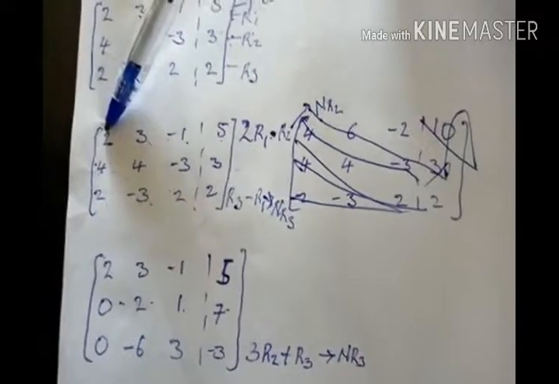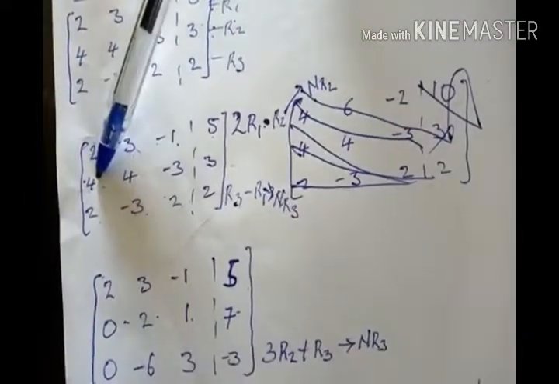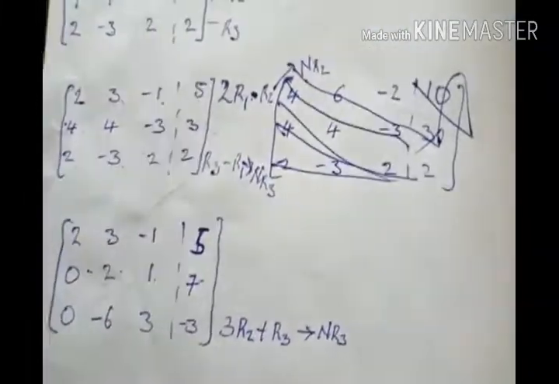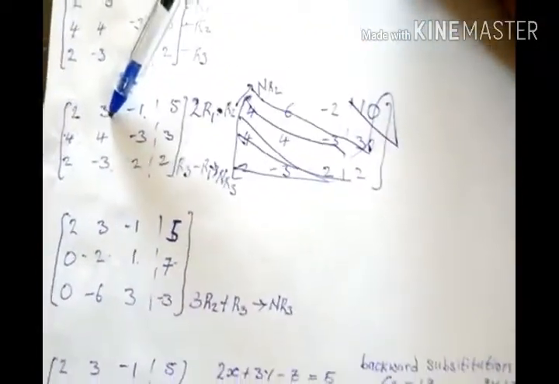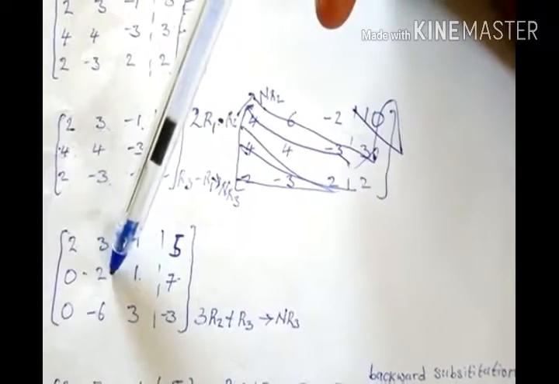I have 2 here. If I multiply 2 by 2, it will be 4. The 4 I've gotten up here minus this 4 down here gave me this 0. If I multiply 2 to this 3, I have 6, and the 6 minus 4 gave me 2.